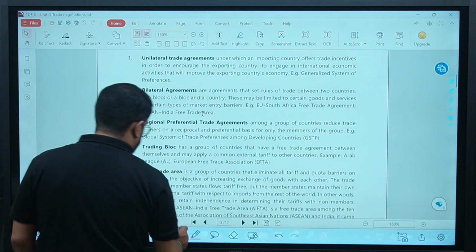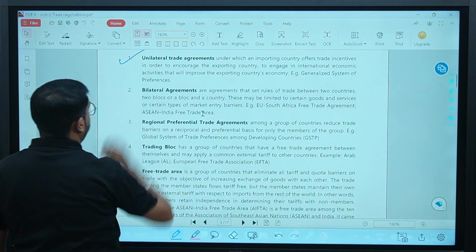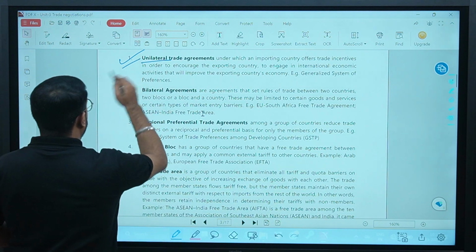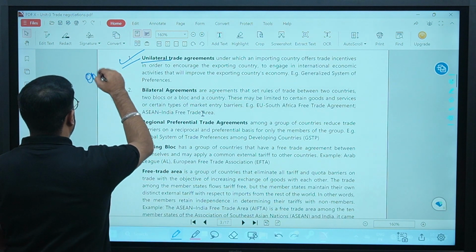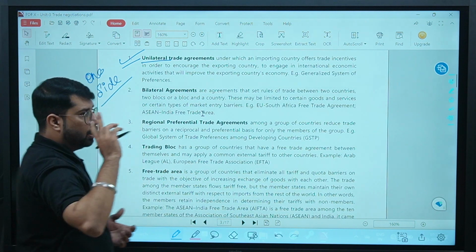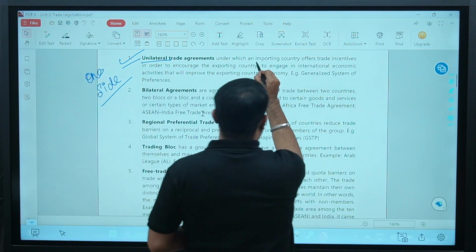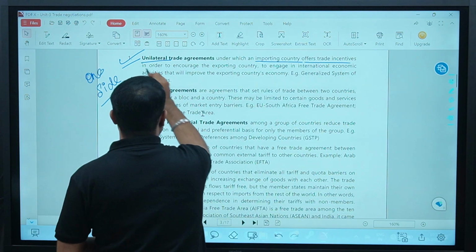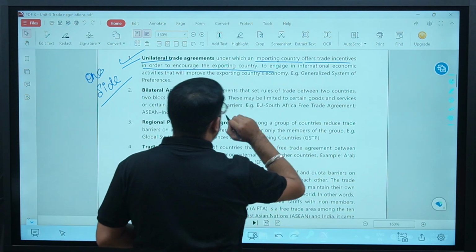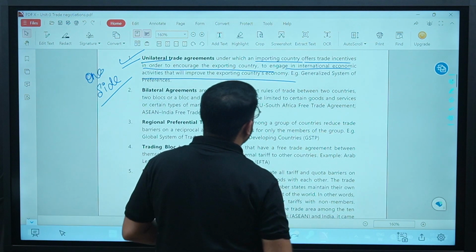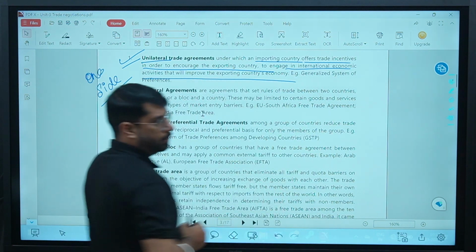So let us start with the RTAs. Very first RTA is unilateral trade agreement. People pay attention on the board, please. Unilateral means one side. It means an importing country offers trade incentives in order to encourage the exporting country to engage in the international economic activities that will improve the exporting country's economy.